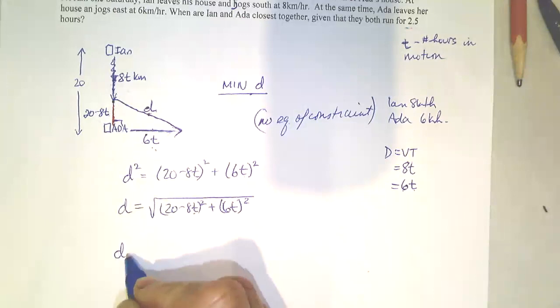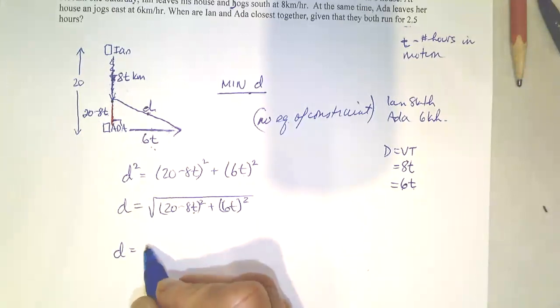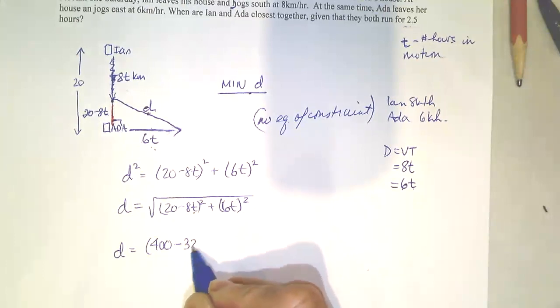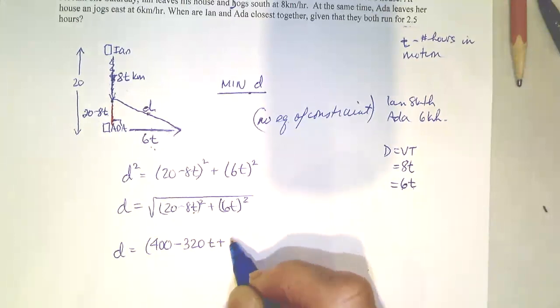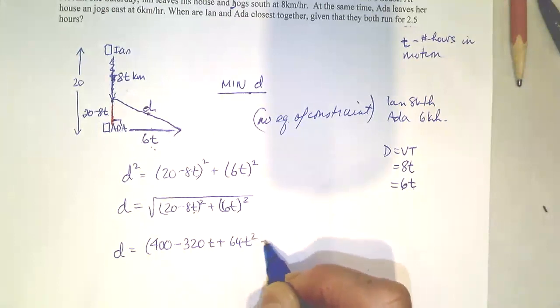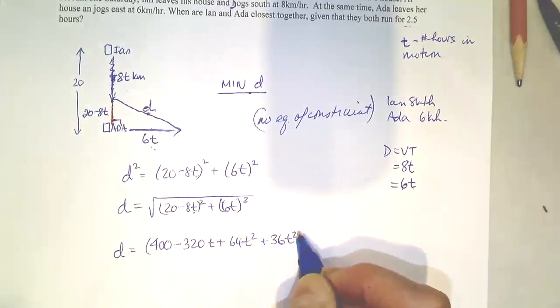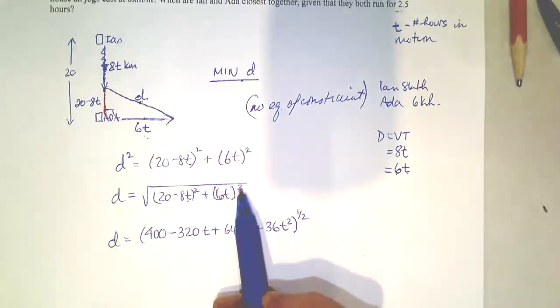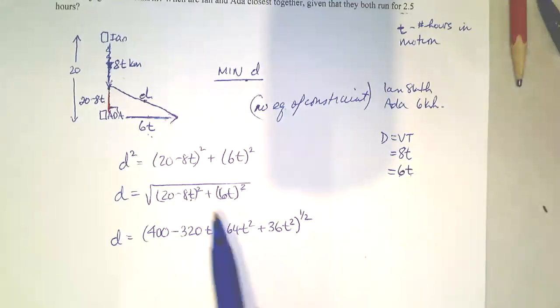Now, to get this derivative, I'm going to simplify this first. I'm going to square this out, so I get 400 minus 320t plus 64t squared plus 36t squared, to the exponent 1/2. Watch out, don't forget to square the coefficients as well.